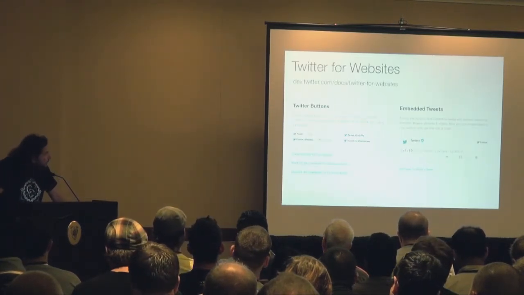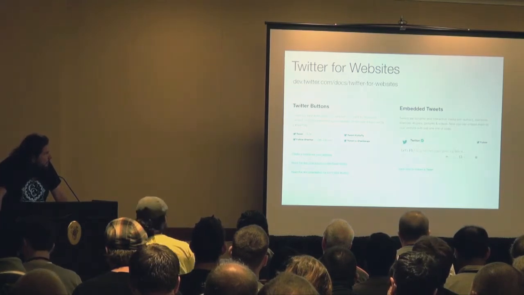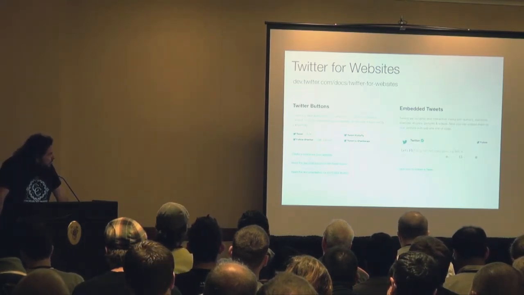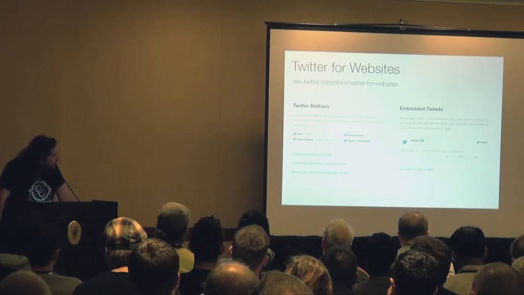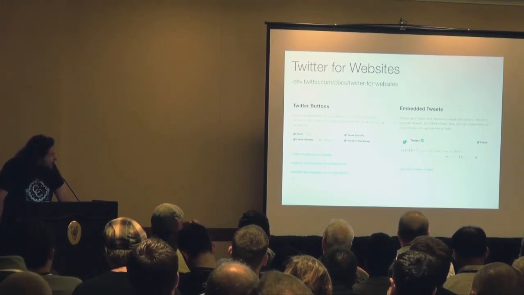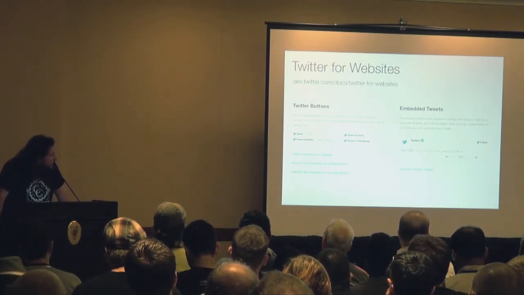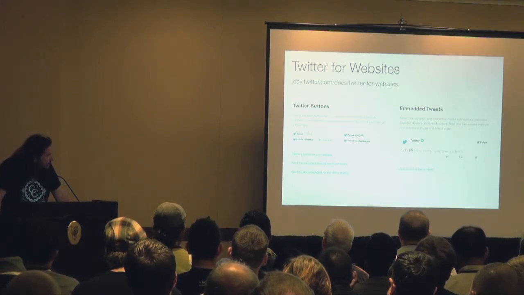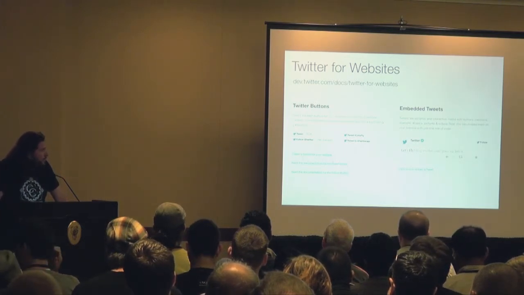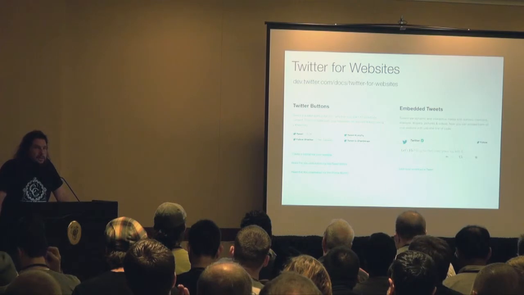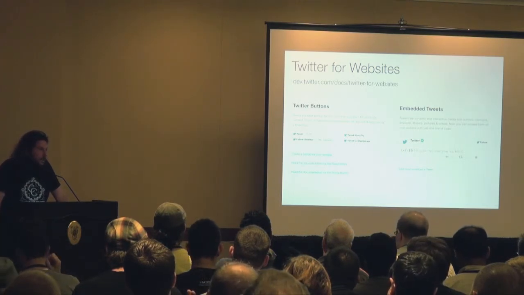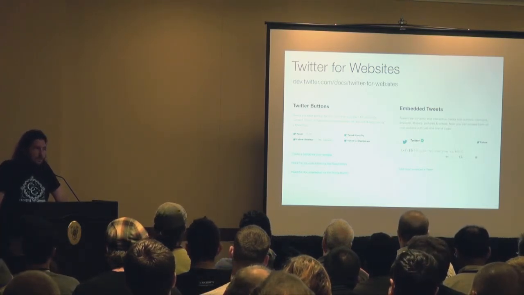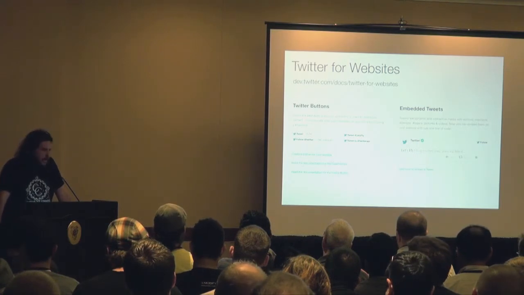So Twitter for Websites, two simplest things you can do. You can have buttons: tweets, hashtags, follow buttons, and tweet to someone. What's really interesting about these buttons is that there's the simplest HTML thing that will work. It's just a link. Okay, so we built these with web intents.